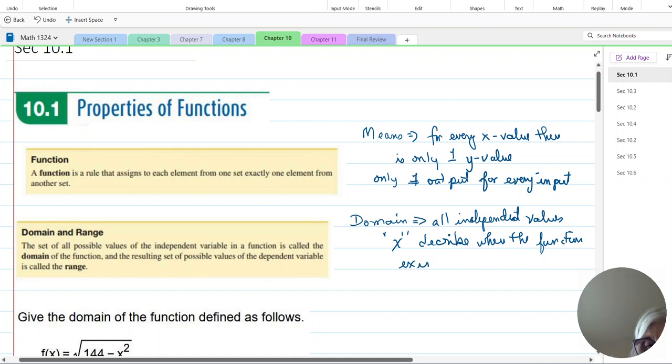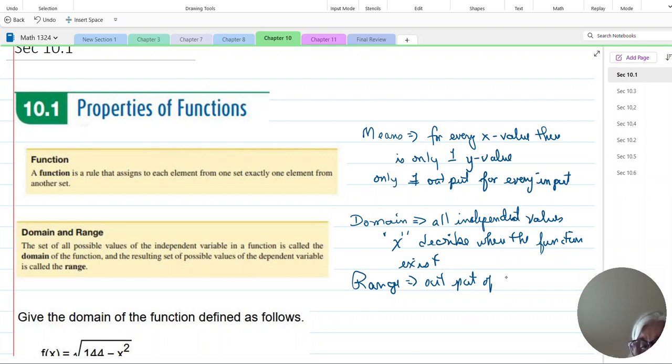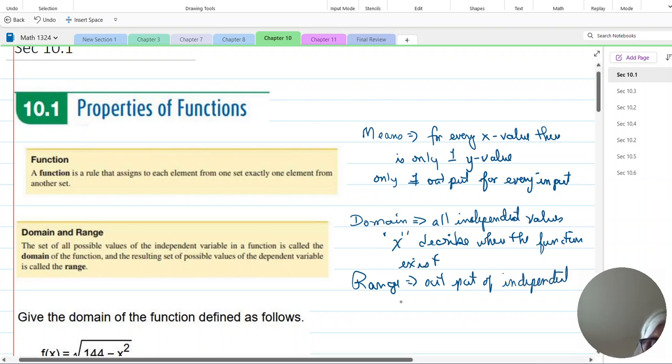That's a domain. And the range is the outputs of the values. In this case, it's x, the independent values, which are the x values, and the output is the y values.